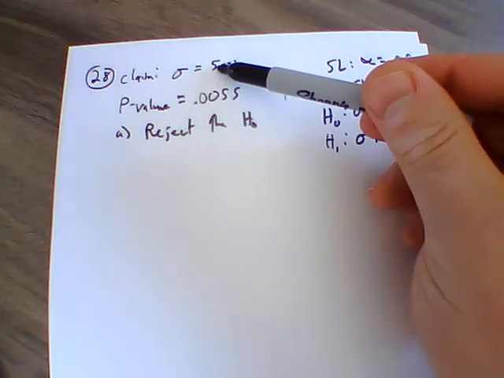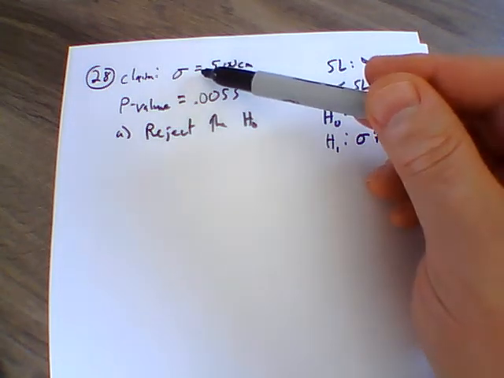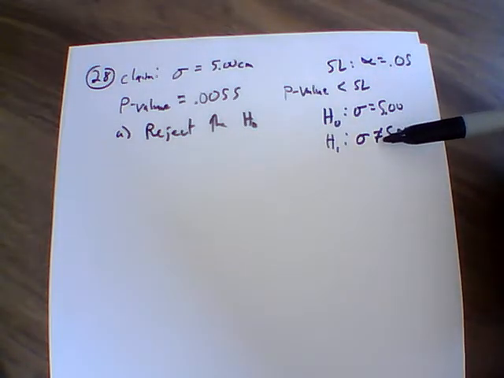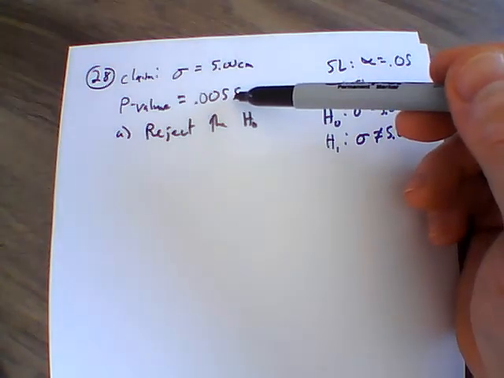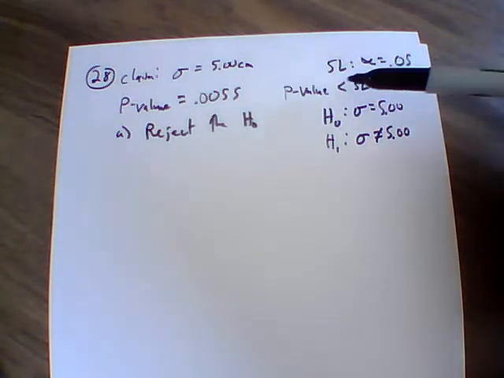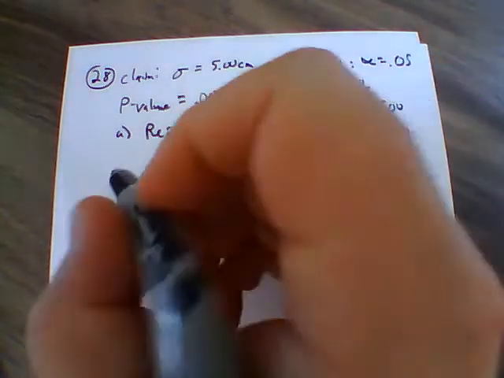This would be a two-tail test. Because we're given a significance level and a p-value, we see that the p-value is smaller than our significance, so we will reject our null hypothesis.